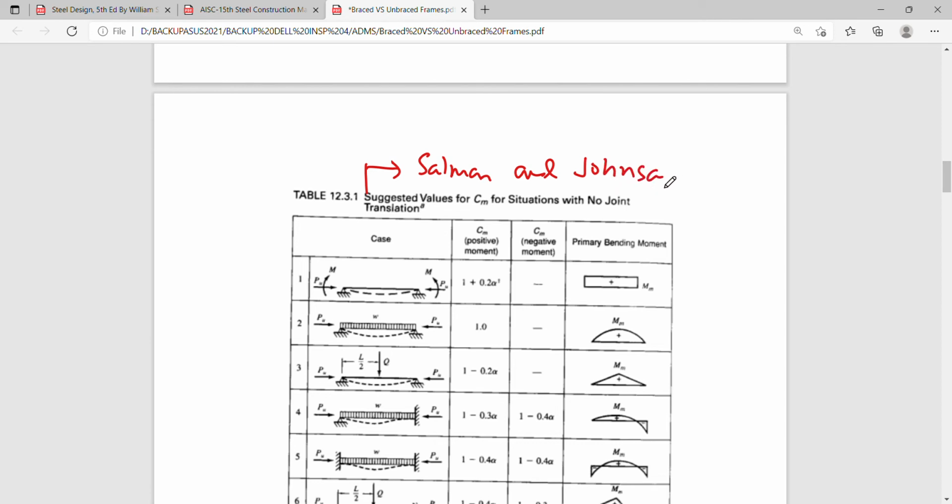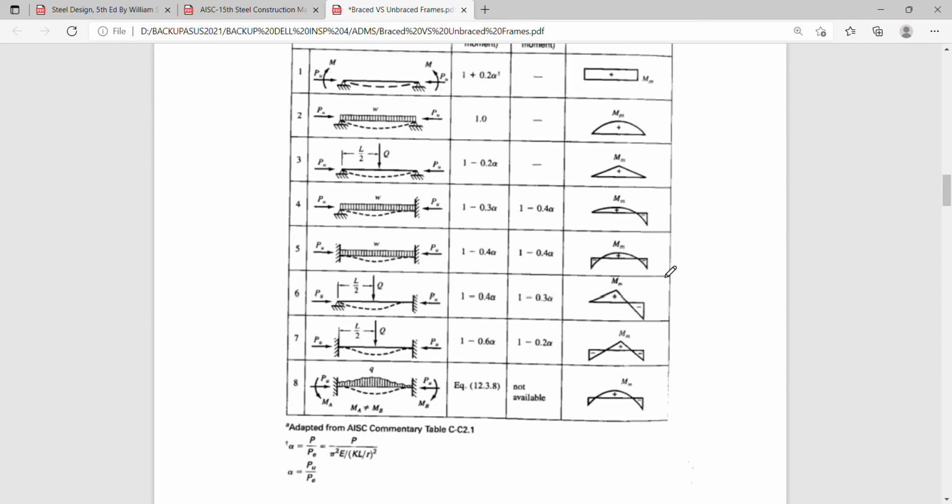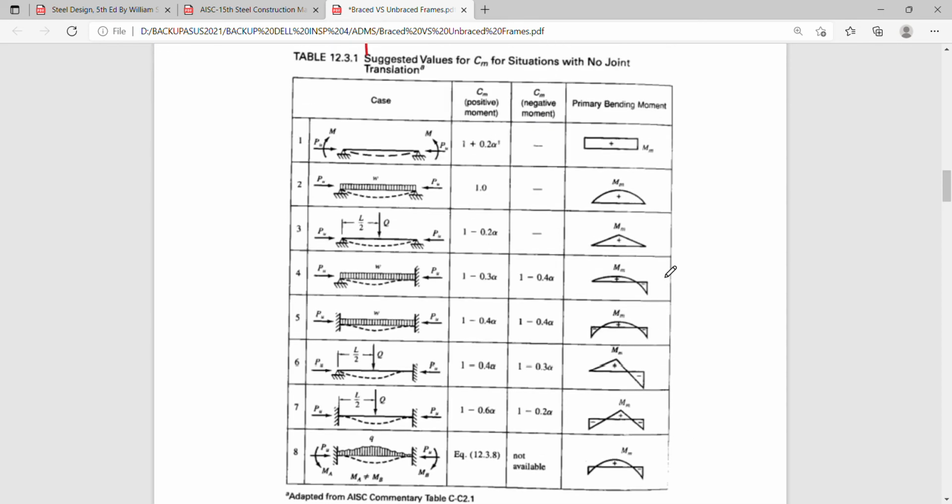To come up with a more precise value of your Cm where no joint translation is actually being considered. So we have here a lot of loading cases and cases of different boundary support conditions.